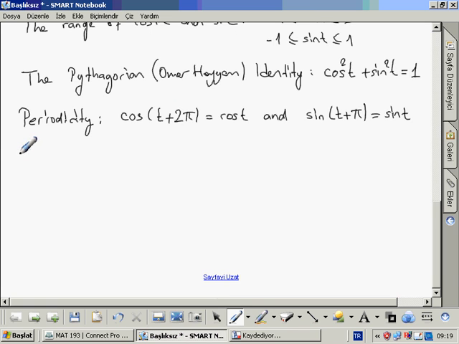And cosine is an even function. This is important. And sine is an odd function.